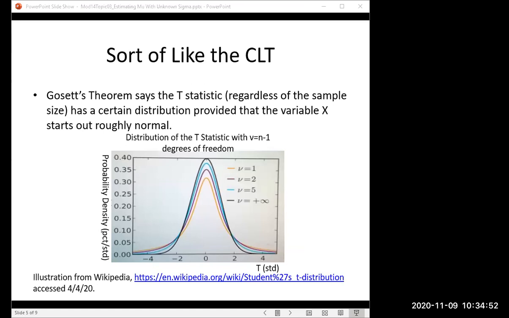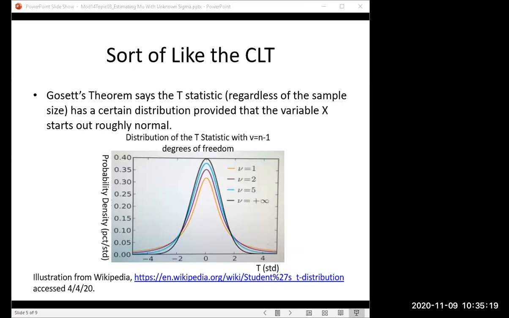So there's actually a family of distributions depending on the sample size. There's this parameter nu, the Greek letter nu, it's n-1. And depending on that, you have different distribution curves for the t-statistic.